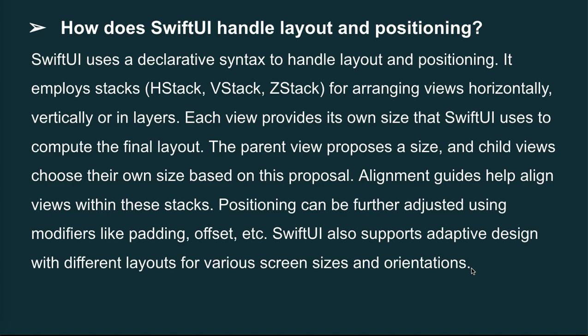The parent view proposes a size and child views choose their own size based on this proposal. Alignment guides help align views within these stacks. Positioning can be further adjusted using modifiers like padding, offset, etc. SwiftUI also supports adaptive design with different layouts for various screen sizes and orientations.